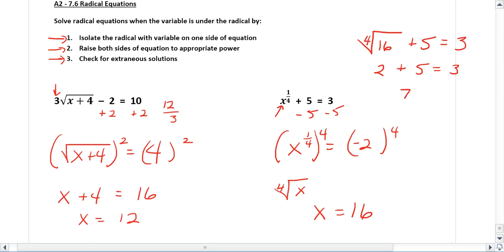And sorry to say, in this case, it does not check out. So we're going to have to throw this out, and even though our algebra was right, this equation has no solution. And we might have recognized that way back right here when we had an even root and we were supposed to get a negative number, but so no solution.